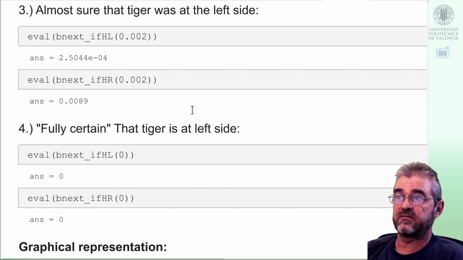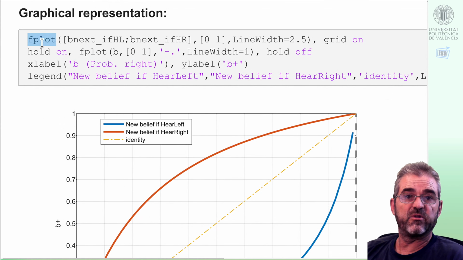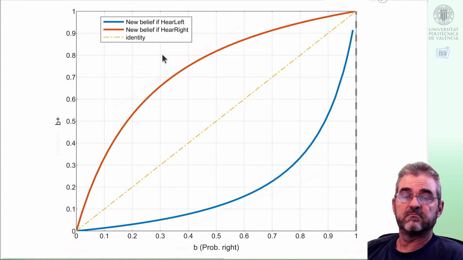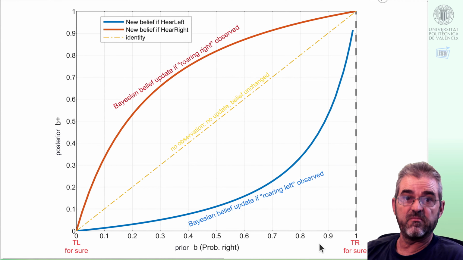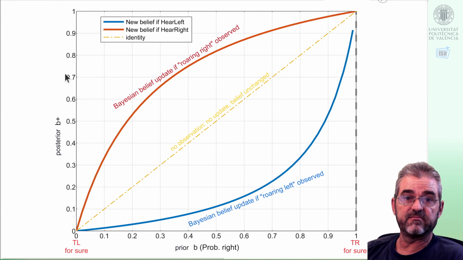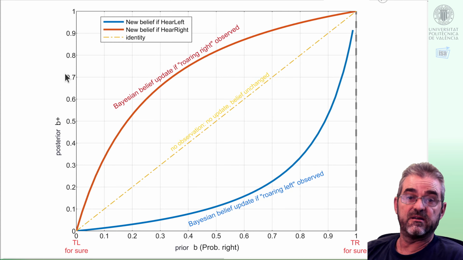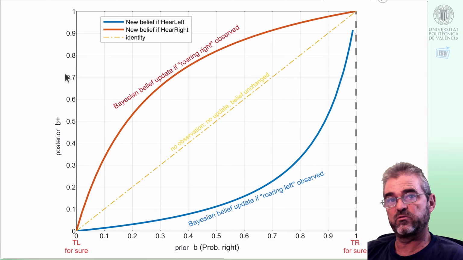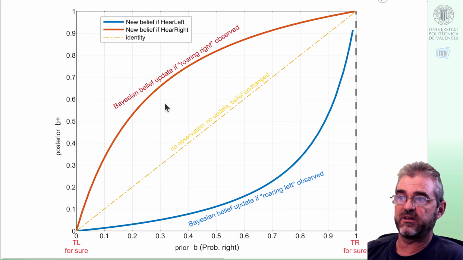If we represent this formula graphically with this fplot command, then the horizontal axis is the prior probability before listening to the roaring, and the vertical axis is the posterior probability if I apply the formulas after hearing noises at the left door or at the right door. If I hear the tiger roaring at the right-hand side door, then I get the red plot.